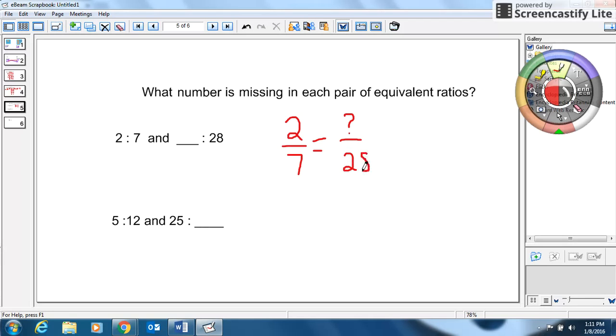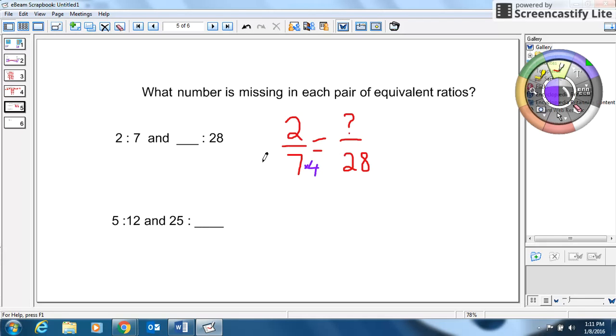Well, let's use our math skills that we've learned over years here at Argyle and figure out how, with this equal sign, how can 7 change to a 28? Well, it's very easy. All I have to do is multiply this 7 by 4, and that gets me to 28.